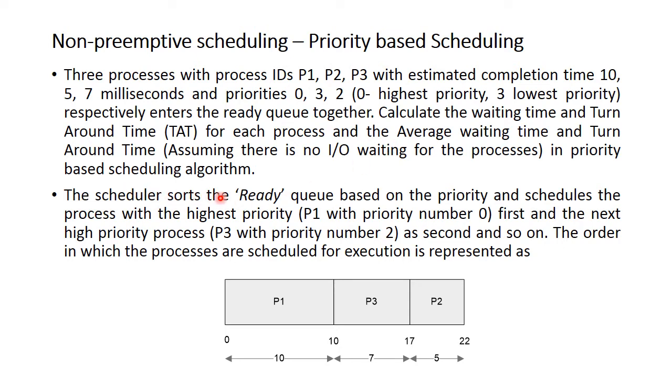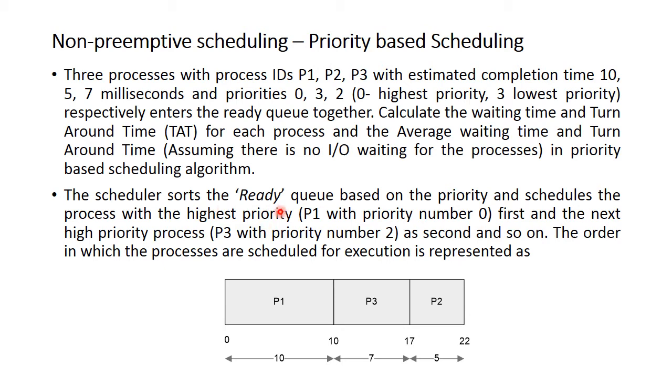The scheduler sorts the ready queue based on the priority and schedules the process with the highest priority first, and next the lower priority, in descending order of their priority.